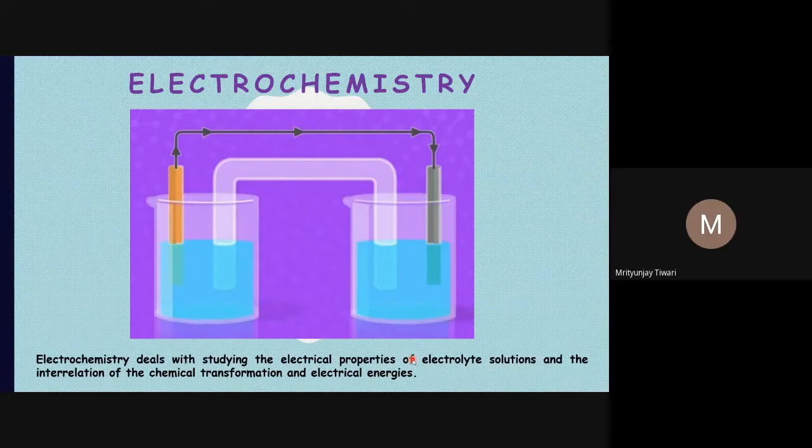If I allow electrons to move through a circuit, through a wire or some conductor, it means the electrons are flowing in a certain direction, and if I put something there, I can sense the electricity being produced. And that is how electrochemical cells are made.